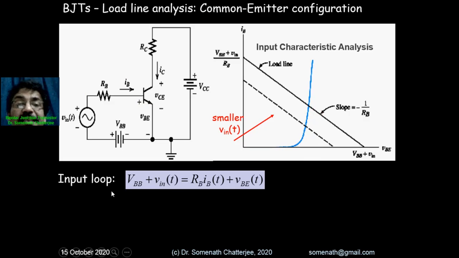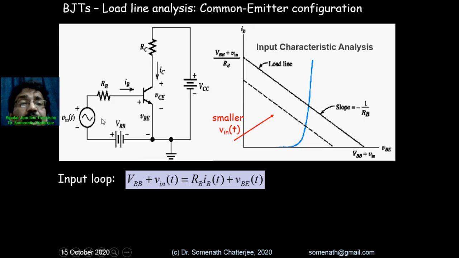And the equations from this input loop, you see, in the input loop we are using Kirchhoff's voltage law. Please understand, when we solve the exercise problems, this is very important to understand. So here you see the input voltage is VBB and another is Vin, that means the AC signal which we want to amplify, right?